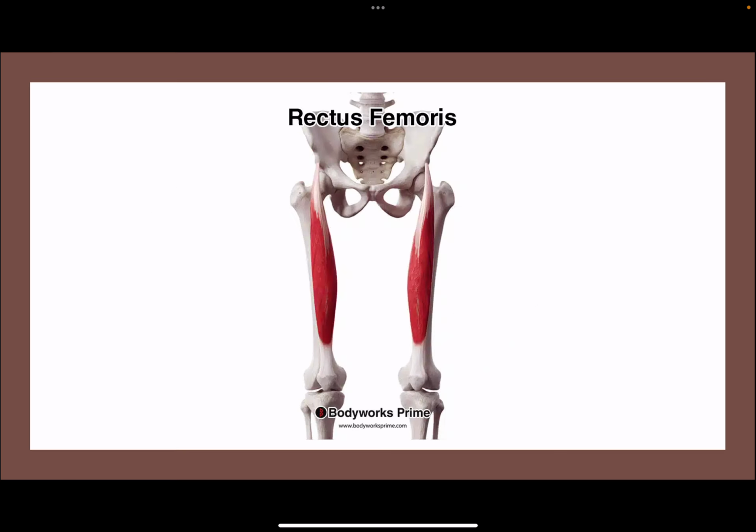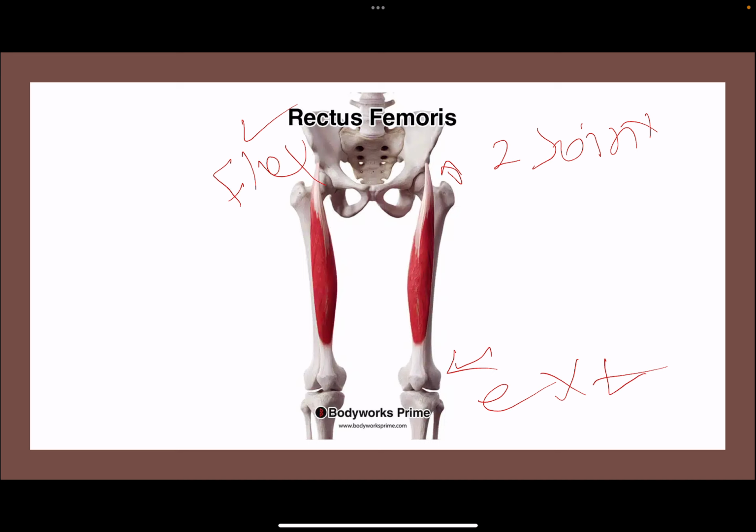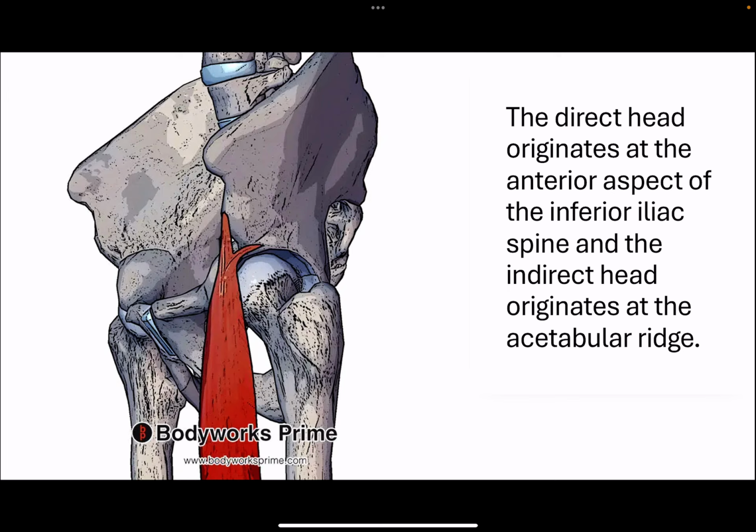Okay, rectus femoris, this two-joint muscle acting on the hip and knee. Extensor for the knee, flexor for the hip. Rectus femoris has two heads: the direct head, which means straight head, and the reflected head, or indirect head.